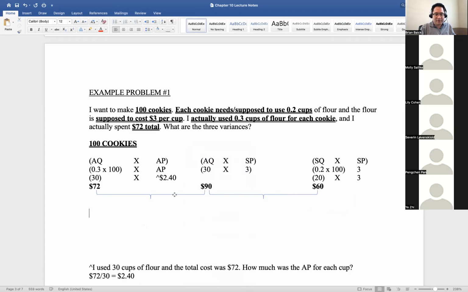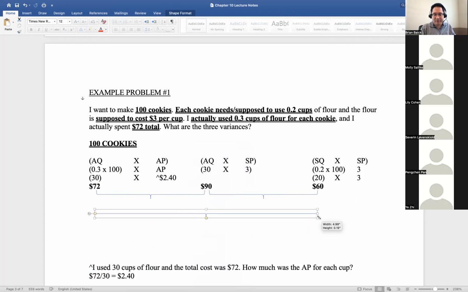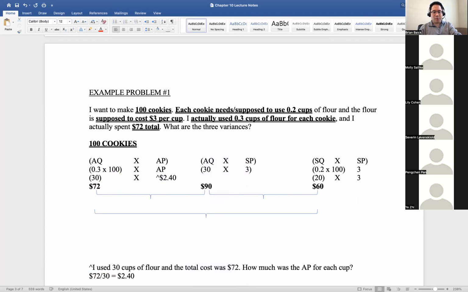And then the difference between the first number and the last number. Okay, help me out here. What is this variance called, first number minus the second number?